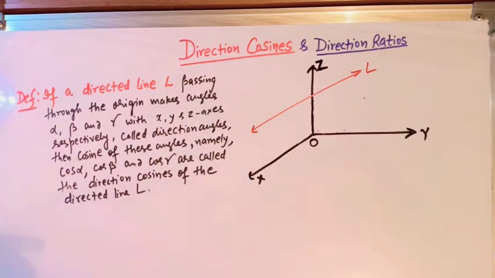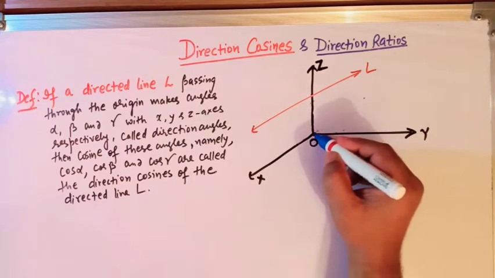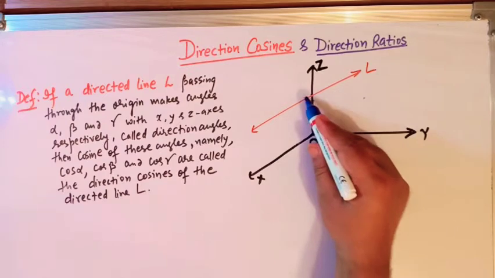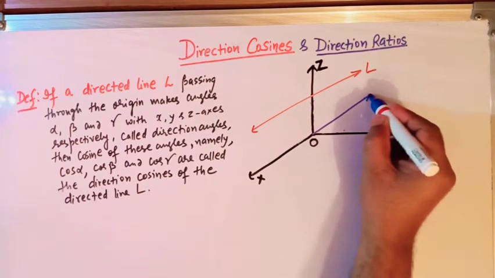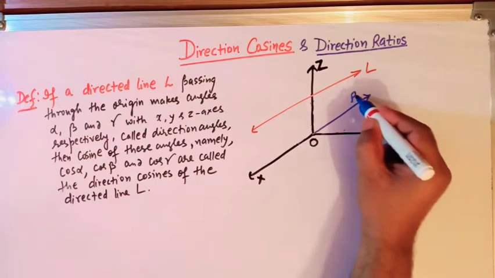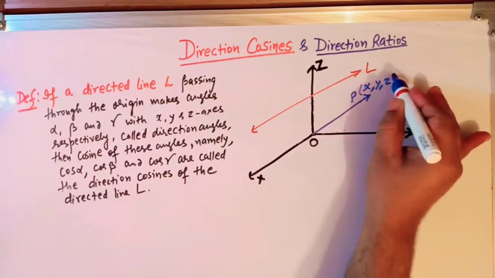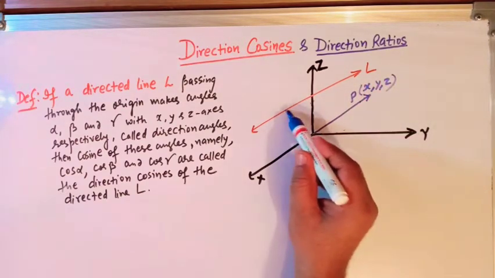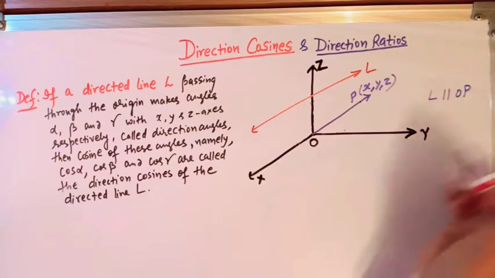So for showing the angles made by this line with the axes, let us draw a vector parallel to this line, right? So this is the vector, and here say we have point P, and it has coordinates x, y and z, right? Now this line L is parallel to OP. Clear?